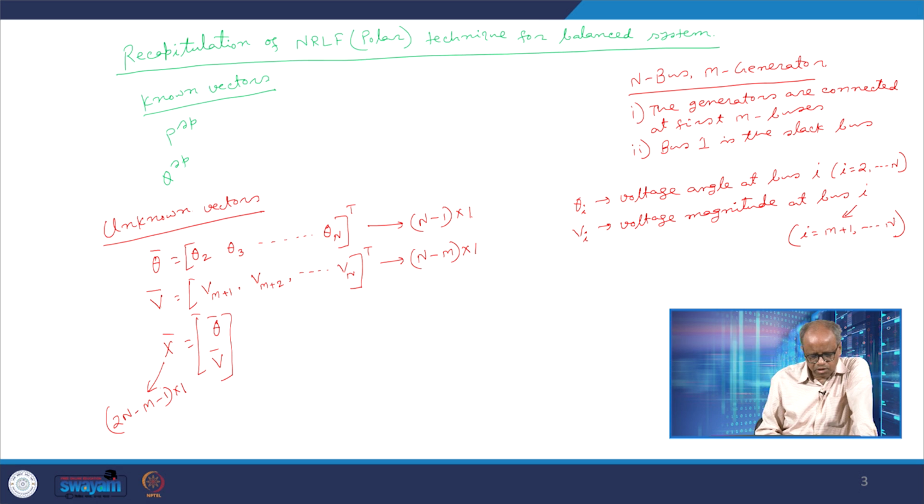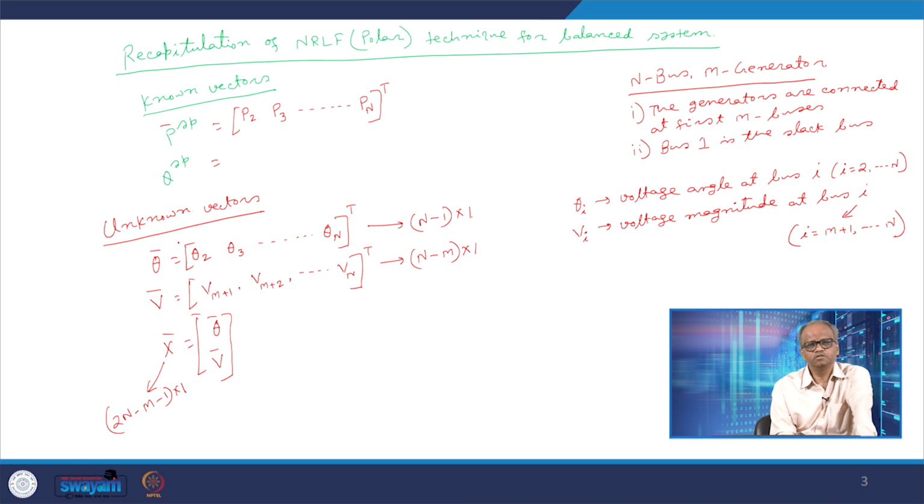What are the known quantities? P specified means that at all the load buses the injected powers are known, and at all the PV buses also the injected powers are known because the generator powers are known, except the slack bus. So P specified is a vector, P2, P3, ..., Pn transpose.